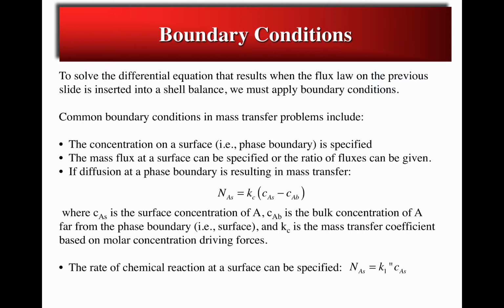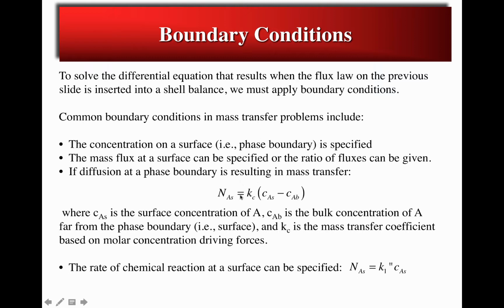If the mass flux at a phase boundary, like a liquid-solid or liquid-gas interface, is controlled by a so-called boundary layer in the neighboring phase, then often the mass flux of A through that phase boundary is written in terms of a mass transfer coefficient, which I've written as K sub C here since it's based on molar concentration of A, times the concentration of A at the surface of the phase boundary minus the concentration of A in the bulk.